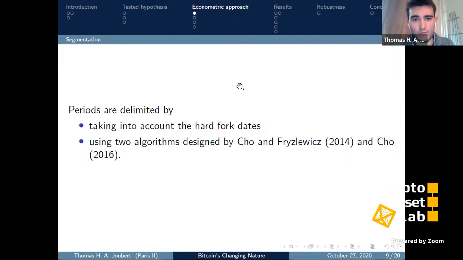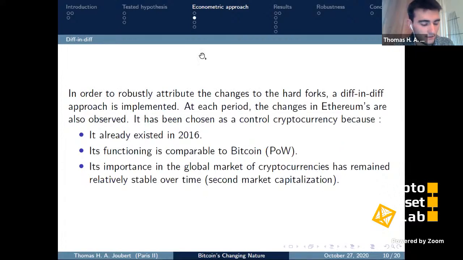After I choose a period, I will estimate the result for all the cryptocurrencies that existed at that time, plus Ethereum. This is a diff-in-diff approach. This means that, for example, if I detect a change in the nature of Bitcoin, but I do not detect it in the nature of Ethereum, then it probably means that the change is due to the hard fork.